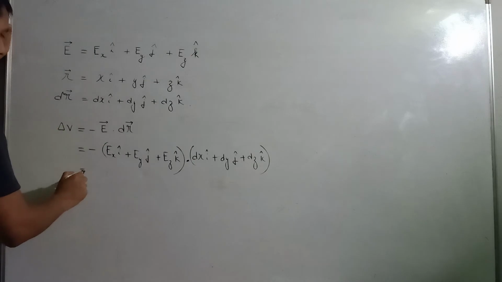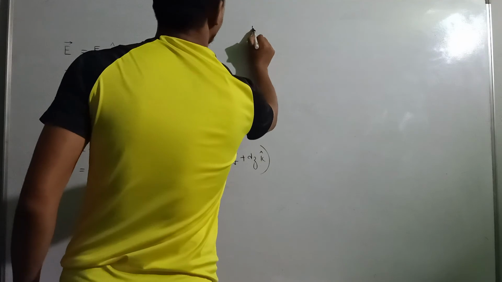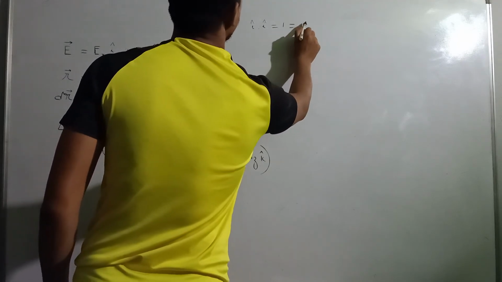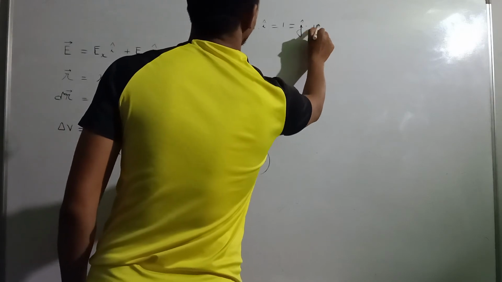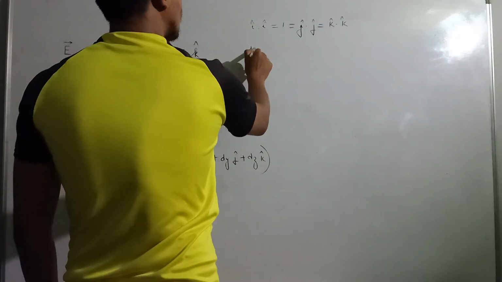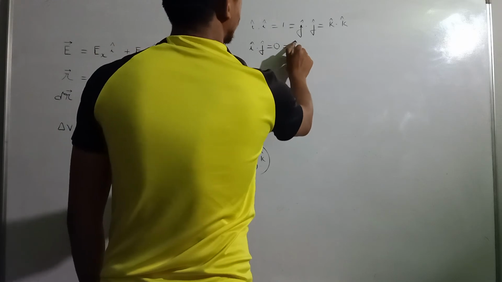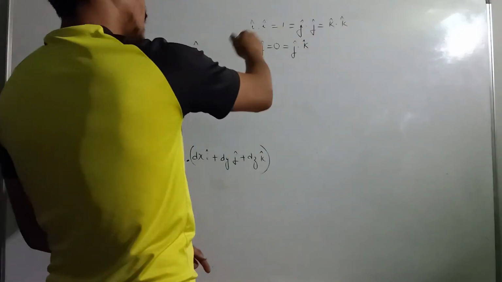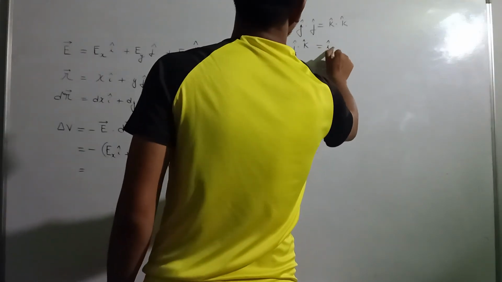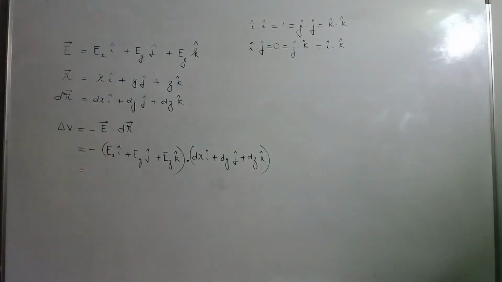Here, in dot product, i dot i will be equal to 1, which is equal to j dot j, which is equal to k dot k, right? But i dot j will be 0, j dot k will be 0, k dot j, everything will be 0, okay? And then i dot k also will be 0. Simple vectors.